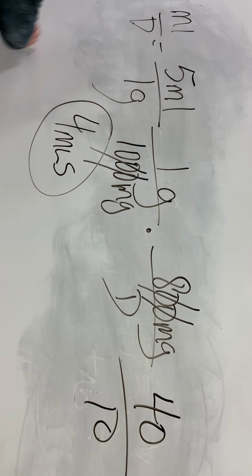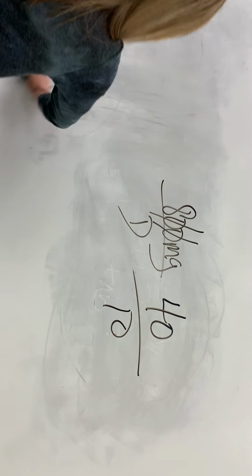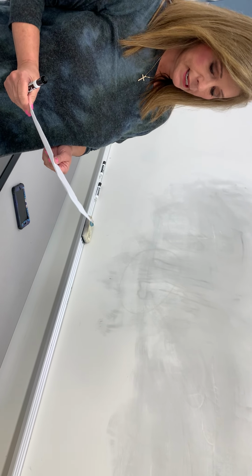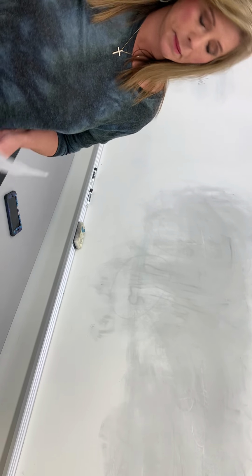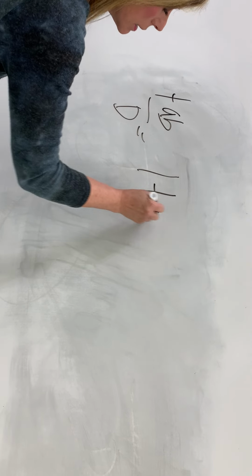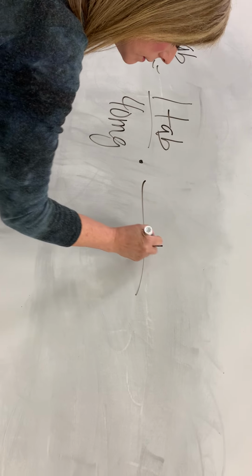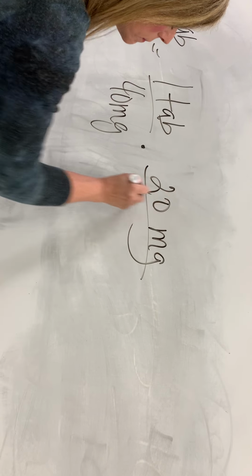All right, let's do the last one. These are all done the same way. Just follow yourself, mark off what you got so you know you're finished. The physician has ordered Lasix 20 milligrams PO. The medication supplied is 40 milligram tablets. So how many tablets are you going to give? So it says tab over dose. 1 tab is equivalent to 40 milligrams, and it is ordered 20 milligrams over dose.